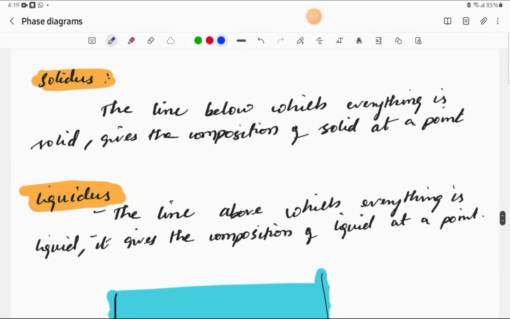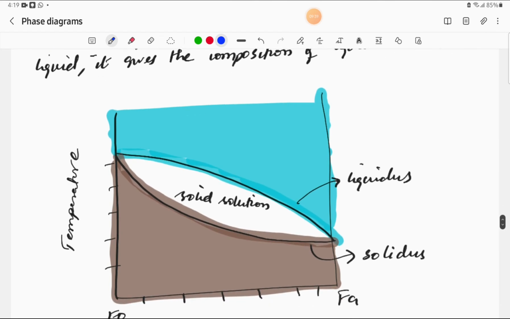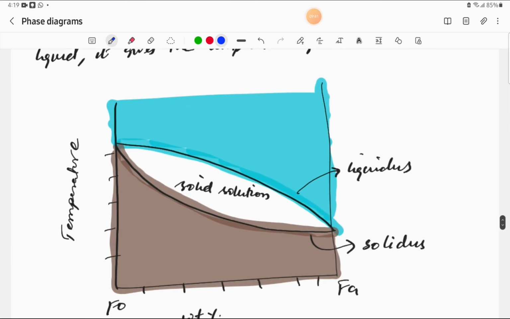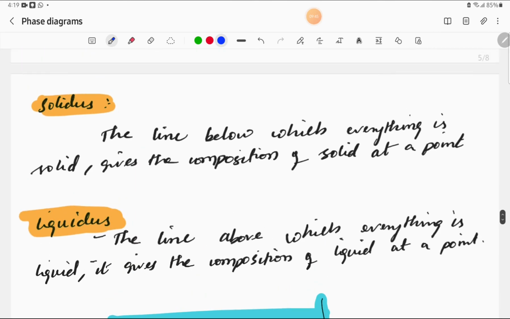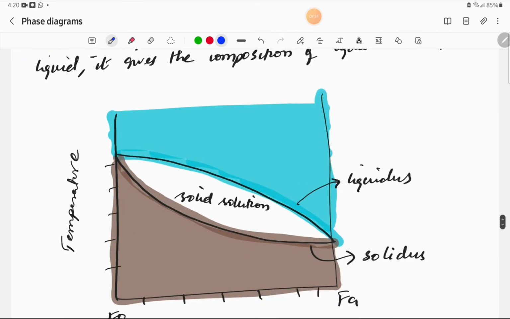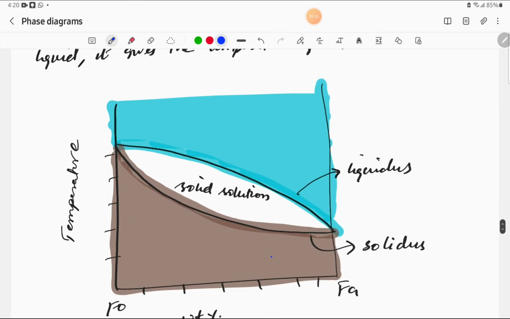Solidus and liquidus. What are solidus and liquidus? The solidus, you see in a phase diagram, is a line below which everything is solid. Any point below the solidus, if I take a point here, will give the composition of the solid.